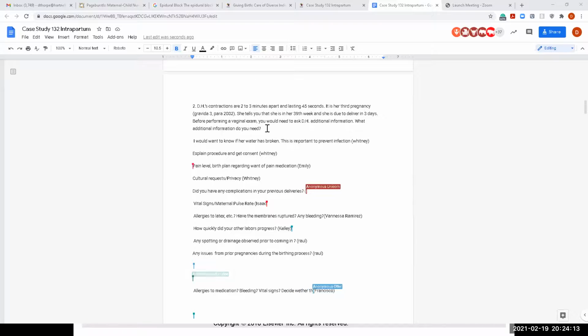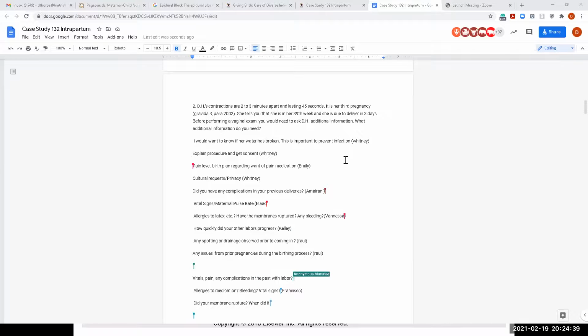So before performing a vag exam, you need to ask DH additional information. What information do you think you want to know? So Whitney said, I want to know if her water was broken. That's good. Hopefully we knew that from the top. You're going to explain the procedure and get a verbal consent from her. Pain level, yes.